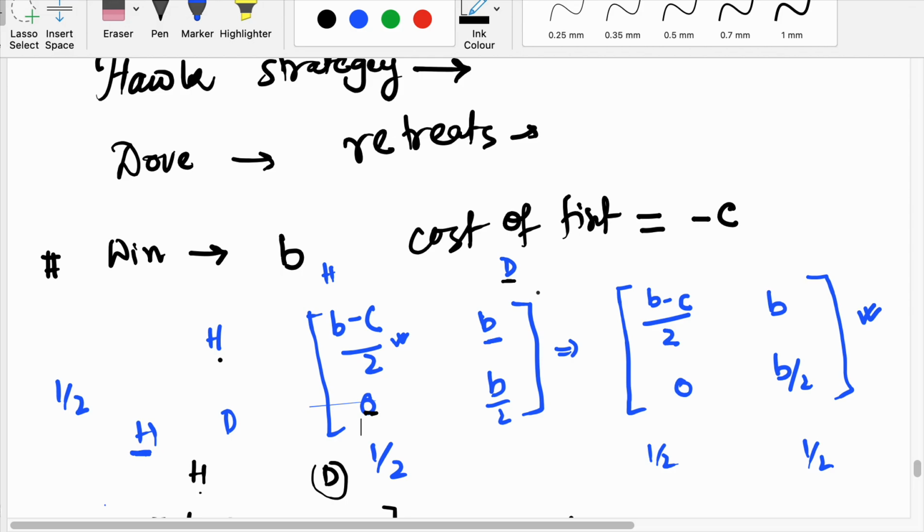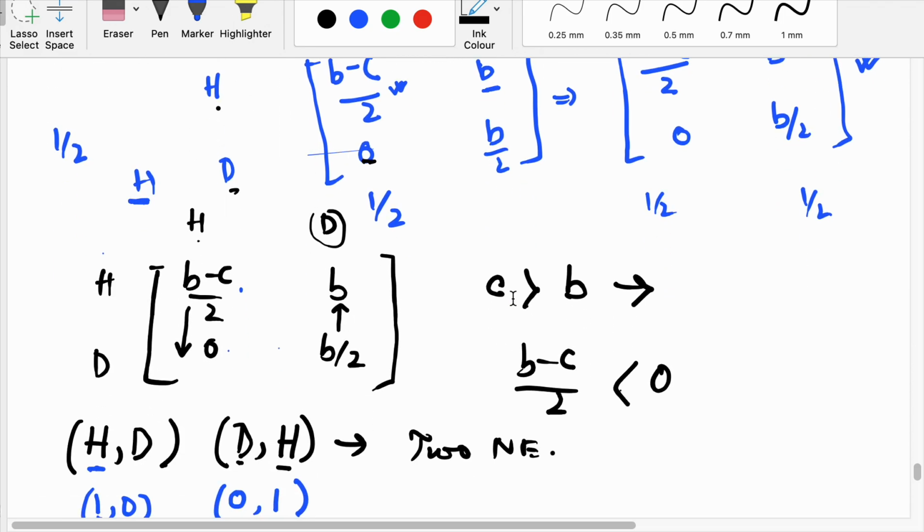Why? Because in some interactions this dove will win and in some interactions the other dove will win. If we assume the probability is exactly half, then on average we can write the payoff of B by 2. So that is the concept.